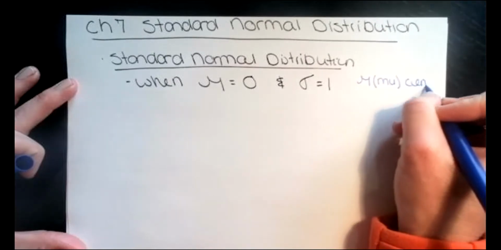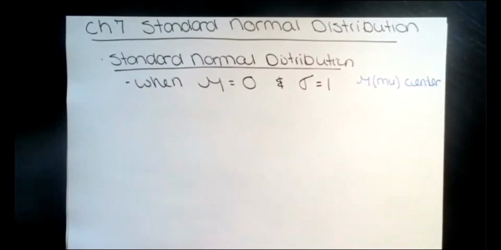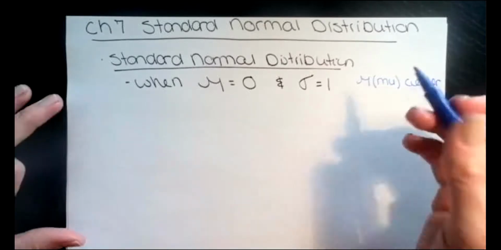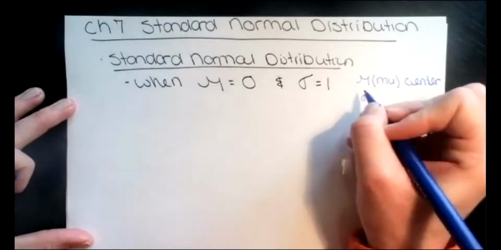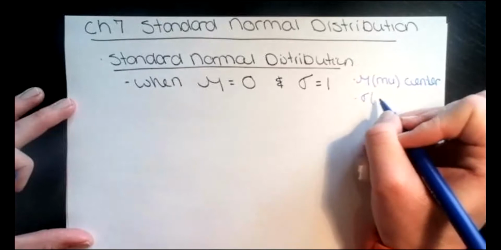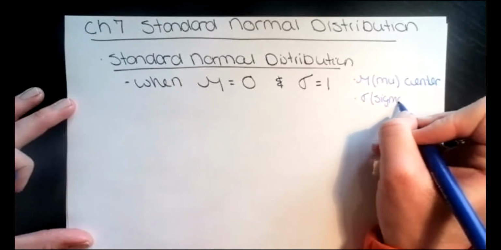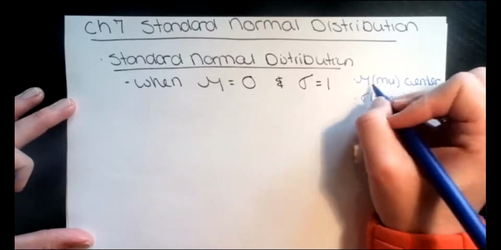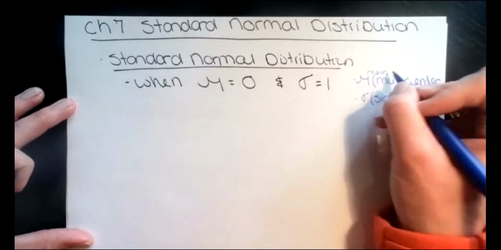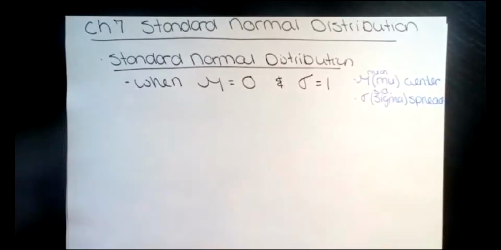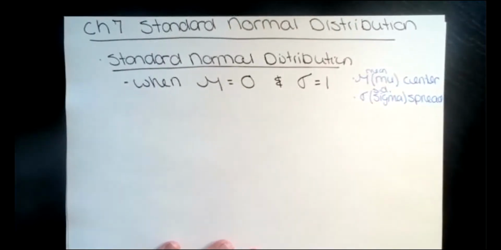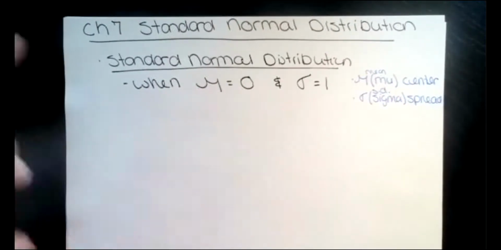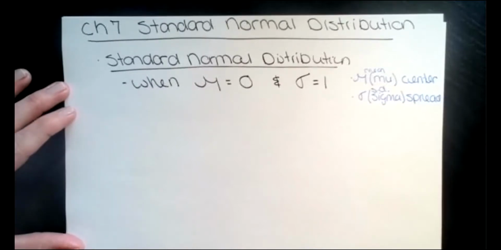This is the center. And then we have sigma. This is my spread. Let me just write here, mean, standard deviation, okay? Just so we understand what our symbols are representing, okay?